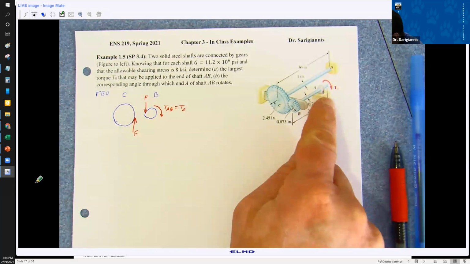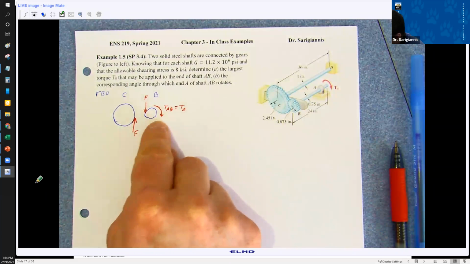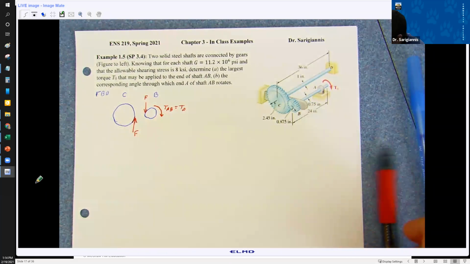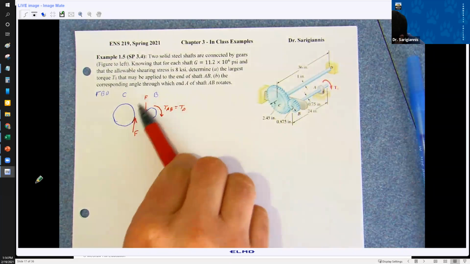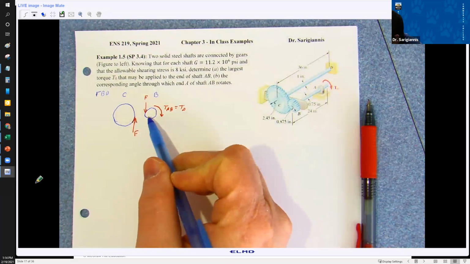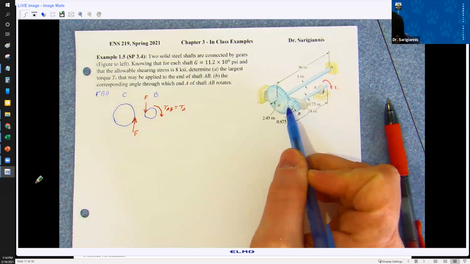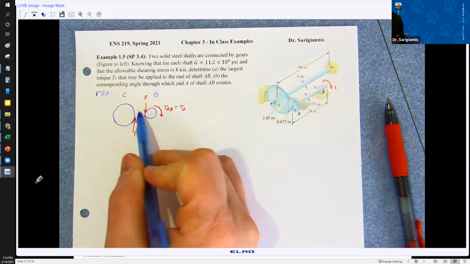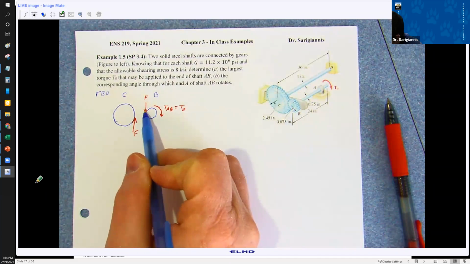Maybe I should start from gear A. You turn this gear, and the gear is rotating in this direction, clockwise. As it acts upon gear C, there's a resistant force against it.